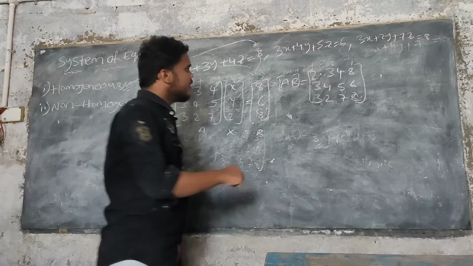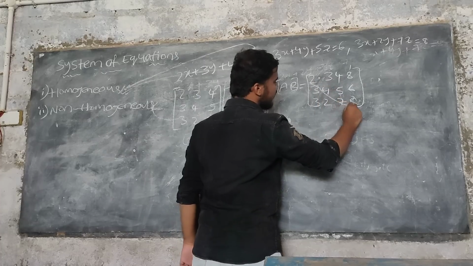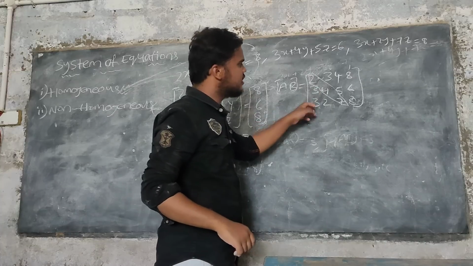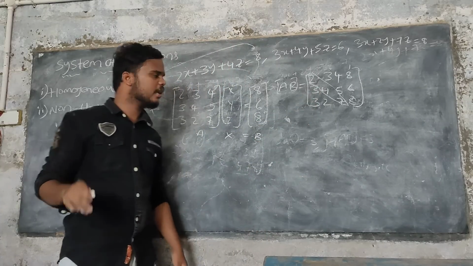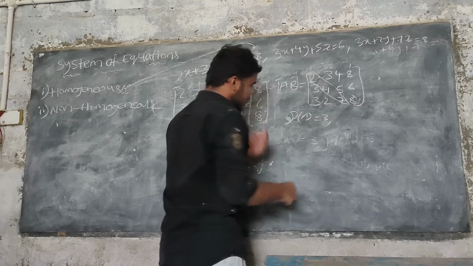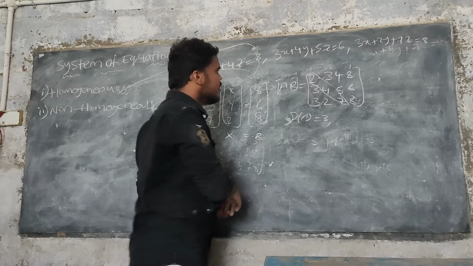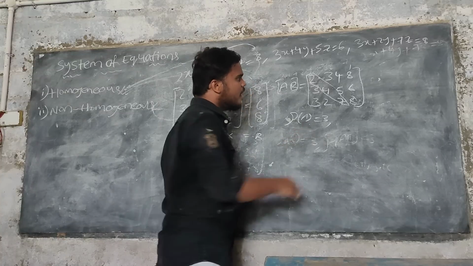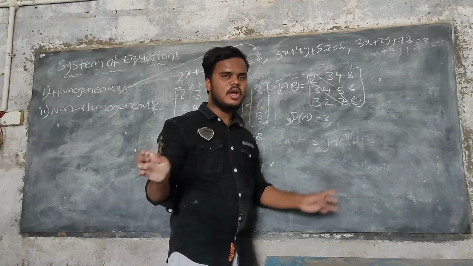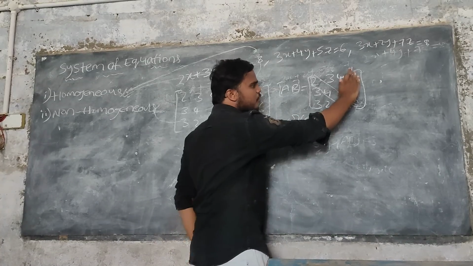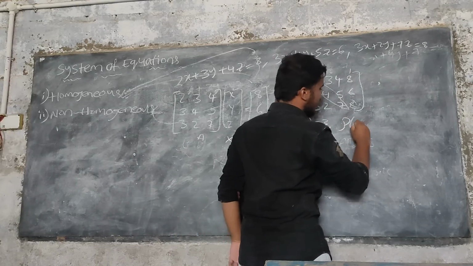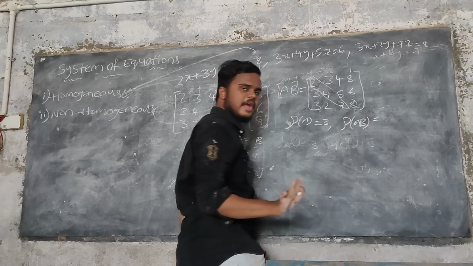After this, we reduce the matrix into echelon form, that means we make the entries below the diagonal zeros. Suppose we get rank A equals 3. While finding rank A, we ignore column 4. For rank AB, we keep column 4. Suppose rank of AB also equals 3.